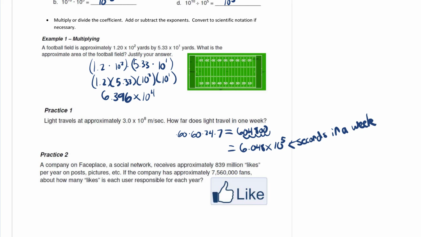We need to take this and multiply by this. We'll do it 52 more times and we get a light year, or 52 and a quarter more times to be precise. But we'll go ahead and multiply to find in a week. Once again, we have 6.048 times 10 to the 5th, multiplied by 3.0 times 10 to the 8th.